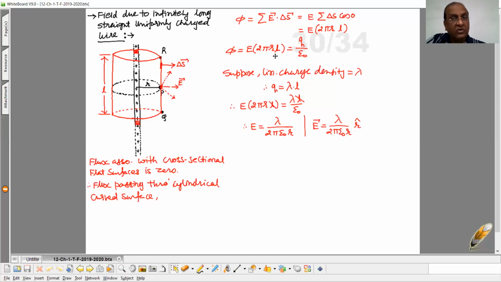But as per Gauss's law, flux passing through any closed surface is the net charge enclosed by that surface upon epsilon 0.